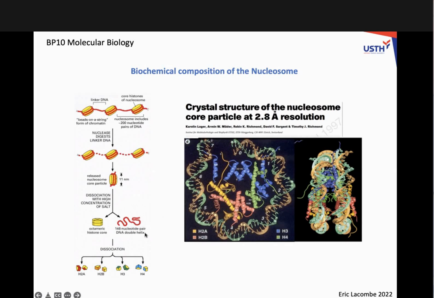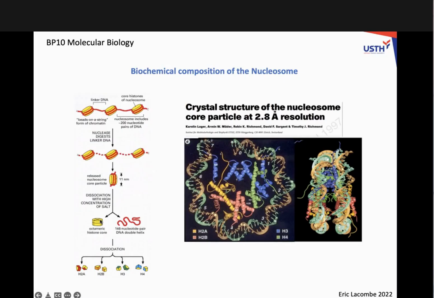And the finding was that the DNA that is wrapped around the nucleosome represents precisely 146 base pairs of double helix DNA. Okay, so one nucleosome uses 146 base pairs of DNA to make the two rounds of DNA.